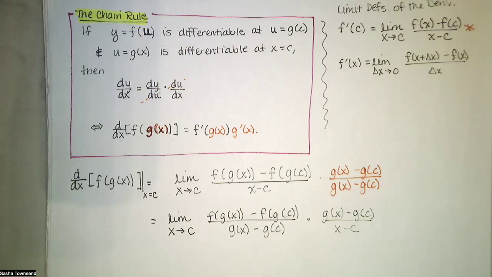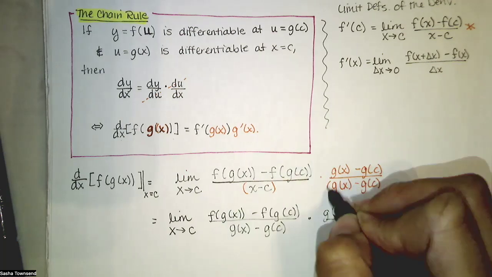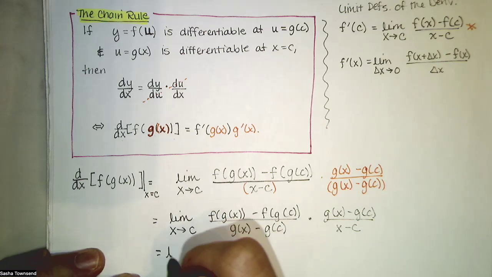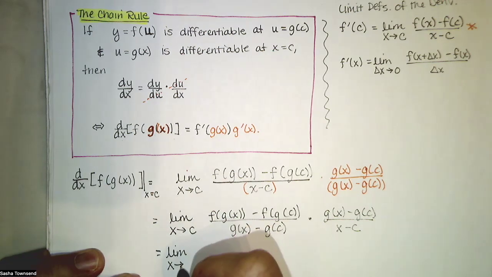We know that the limit of the product is the product of the limits, that the limit of this function times the limit of this function is equal to the limit of the original function. And remember, we can do this. What I just did was legal because I just said this times this is that numerator, and then this times this is that denominator. We just switched the order of these two factors in the denominator. Now, I take the limit as x approaches c of each of these.